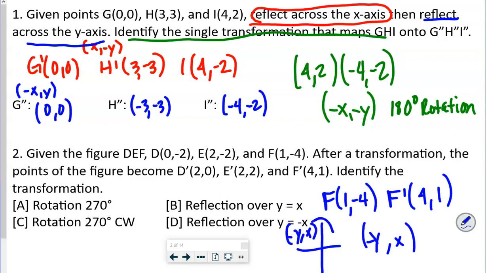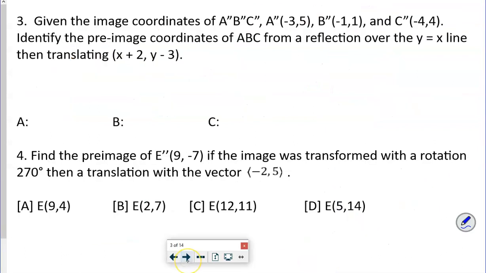So that is what? 90 degrees counterclockwise, or what is it clockwise? Isn't that going to be 270 degrees clockwise? Okay, so we don't have 90 up there, C as an answer, so this is going to be our answer right there, okay?